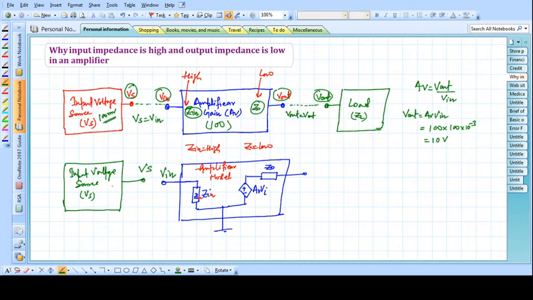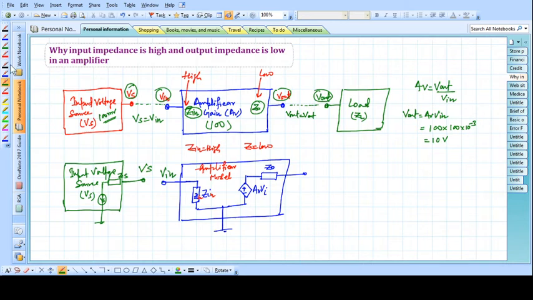And this source has some input, sorry, now the actual model will give this a Zs. I am making it like that.